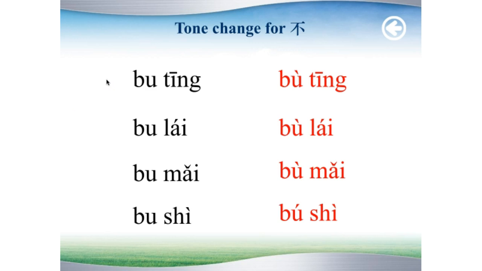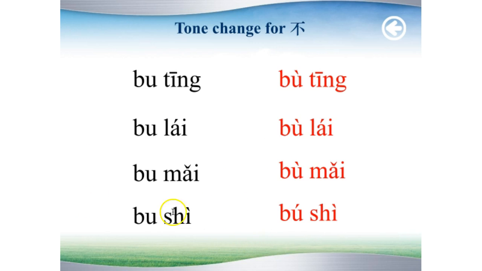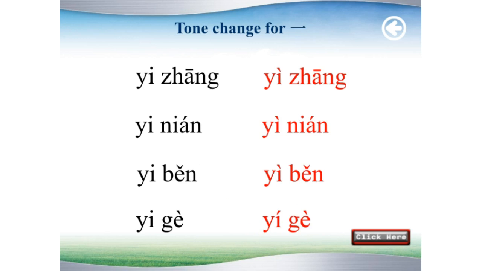So if it is before a first, second, or third tone, it's pronounced bu. But if it's before a fourth tone, it's pronounced bu or yi. So if you remember the tone sandhi rules for bu, you'll remember those are the same rules for yi.